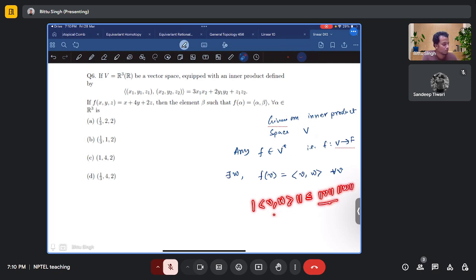So we are getting some kind of motivation similar to v dot w cos theta is less than or equal to norm v norm w. That is a more general thing which will be true in any inner product space, and we can deduce lots of different inequalities.